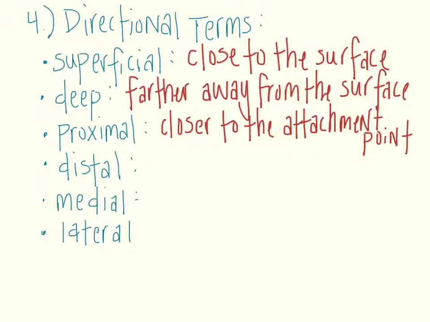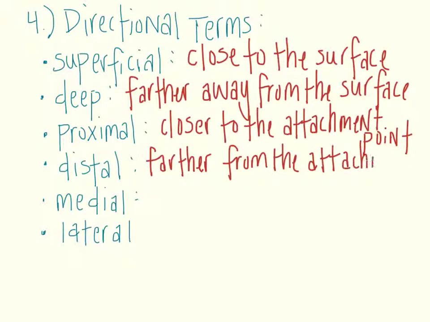So I could say that my elbow is proximal to my wrist, because my elbow is closer to that point at my shoulders than my wrist is. And then distal is just the opposite. It is farther from the attachment point. I could say that my fingers are distal to my elbow because my fingers are further away from that shoulder joint. Or I could say my ankle is distal to my knee.